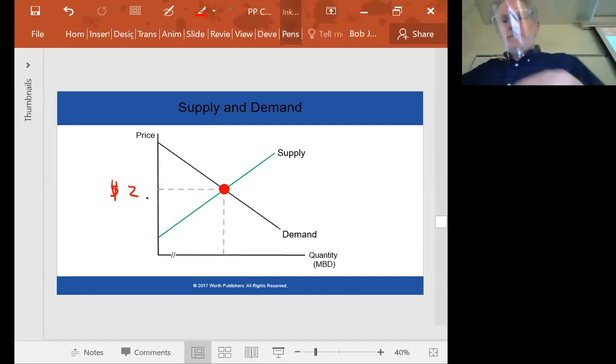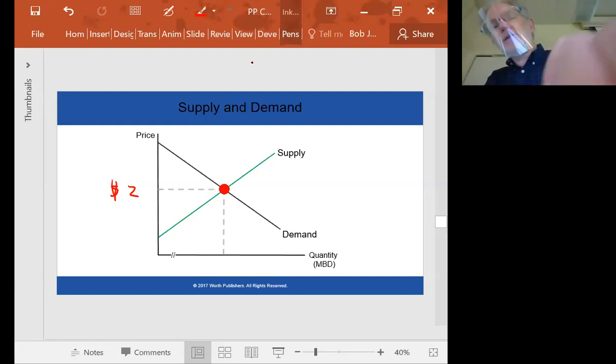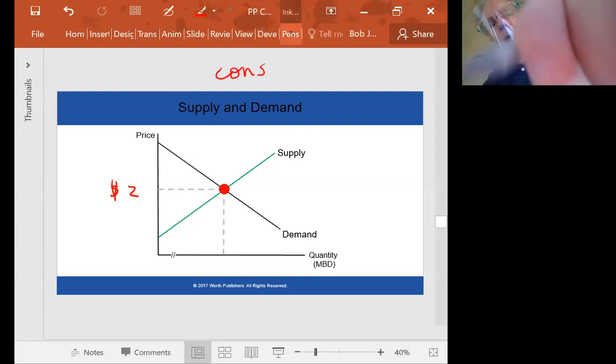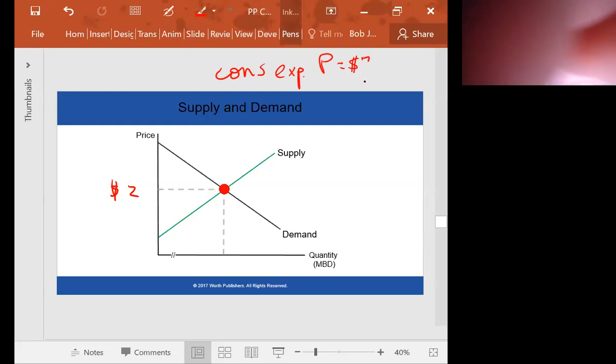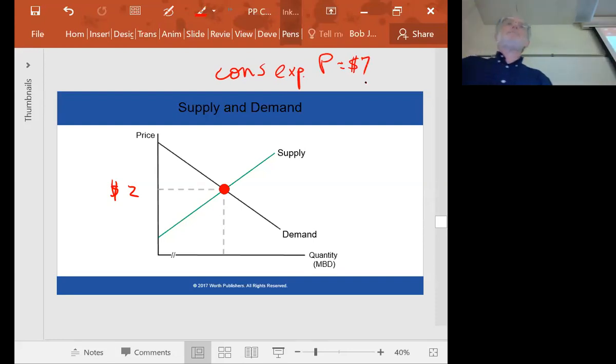What if consumers begin to expect in the near future the price of gas is going to be $7 per gallon? It hasn't happened. What if people think that's going to happen? What are consumers going to do? If I told you this was going to happen, you get up, you leave class, you go try to fill up because you want to buy $2 gas before it goes up to $7 gas.